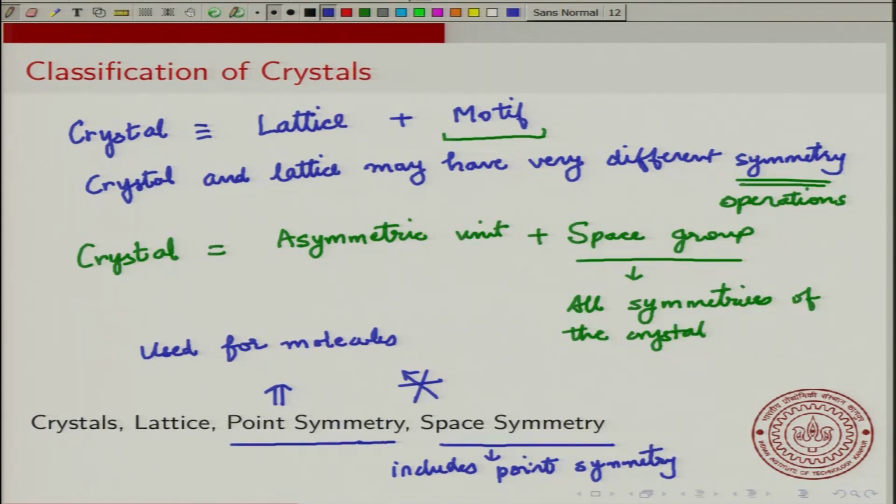So, now we can think of crystals in two different ways. We can think of them as a lattice plus a motif, or an asymmetric unit plus a space group. And the second characterization is based on the symmetries of the crystal.